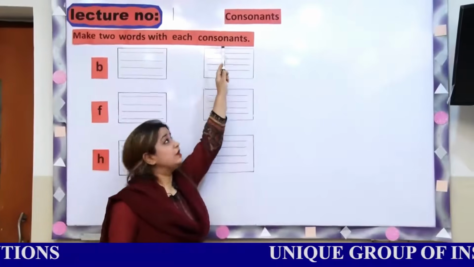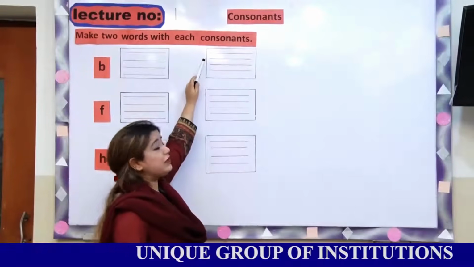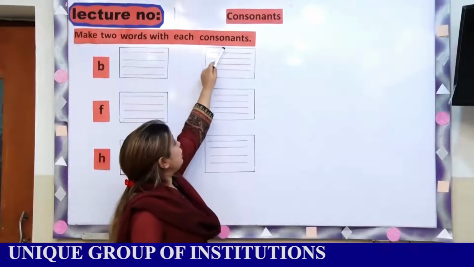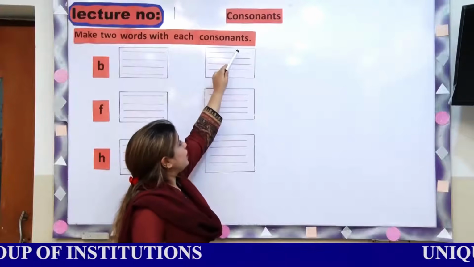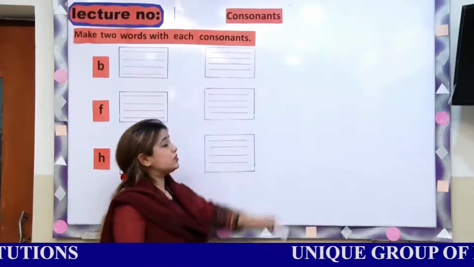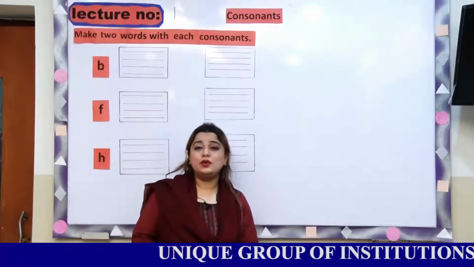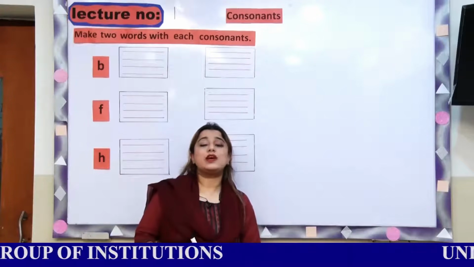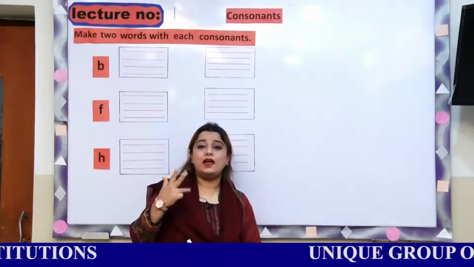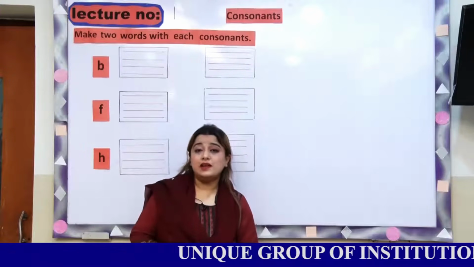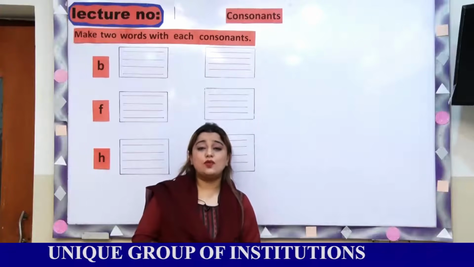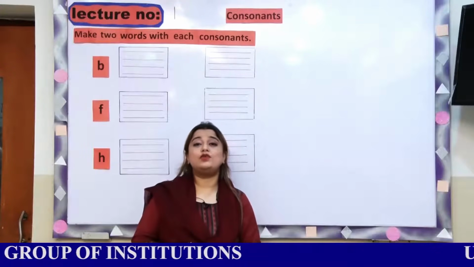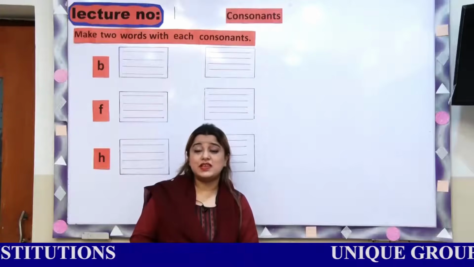As you can see, the first topic is, I will read the statement for you. C-O-N-S, cons, O-N, on, A-N-T-S, consonants. As I told you, we used to teach vowels and consonants. Vowels are A, E, I, O, U, and the letters other than vowels, and those letters which are not vowels, what do we call them?